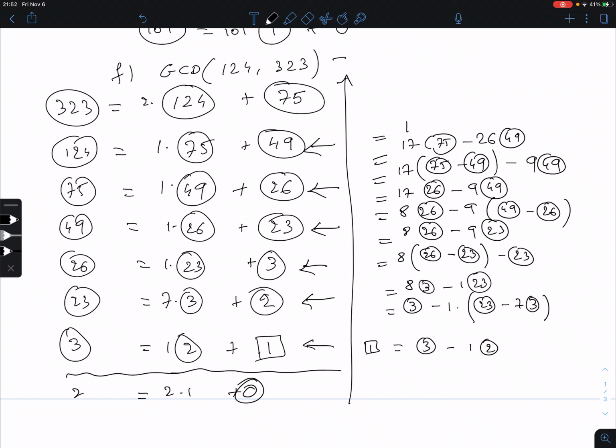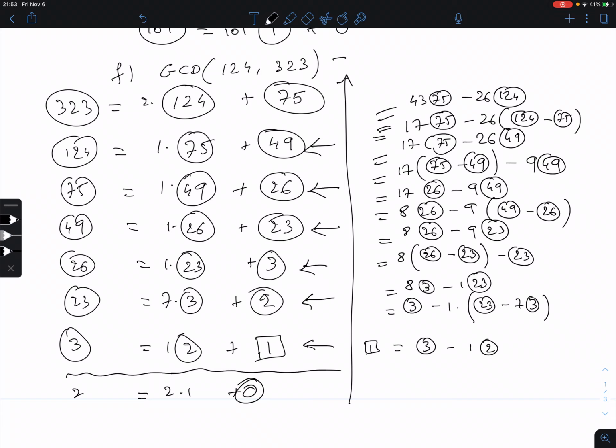This is equal to 17 times 75 circled, minus 26 times, and then 49 is actually 124 circled, minus 75 circled. So if I combine this, we have a 17 there, and we have minus 26 times minus, so it's plus 26. That is 43 times 75 circled, minus 26 times 124 circled.